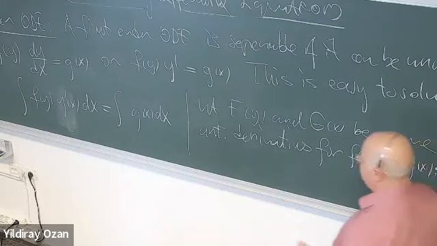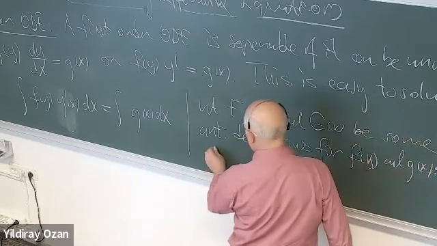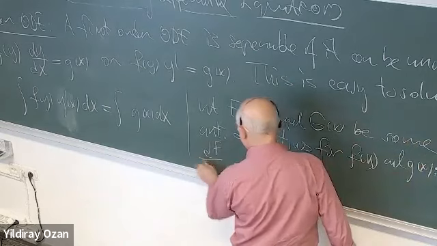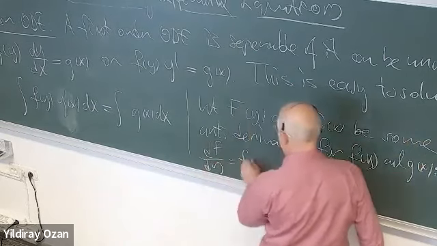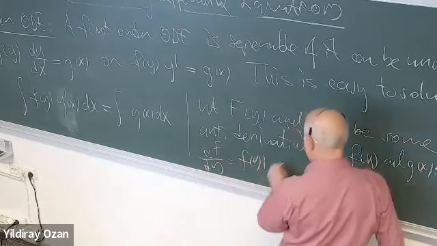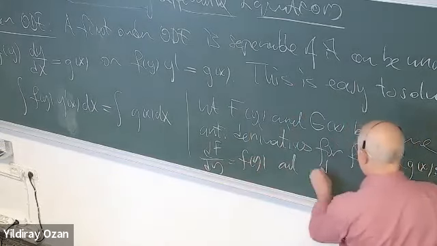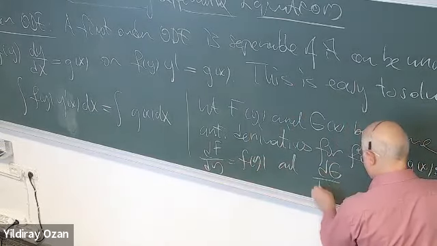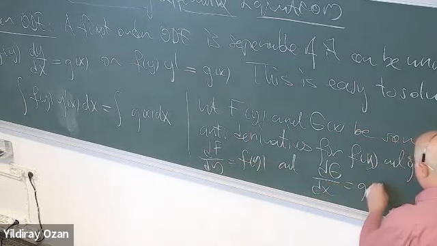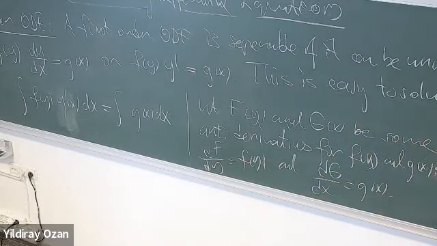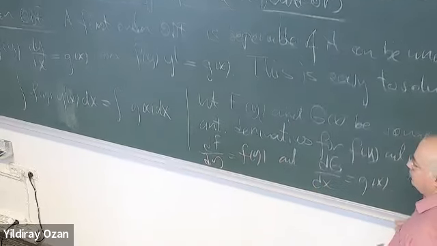What does this mean? This means dF/dy is f of y, and dG divided by dx is g of x, right? This is what we mean by an antiderivative.